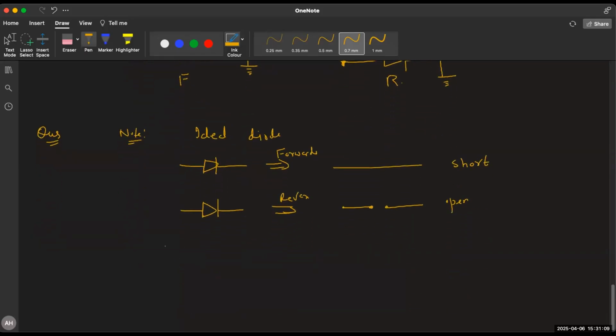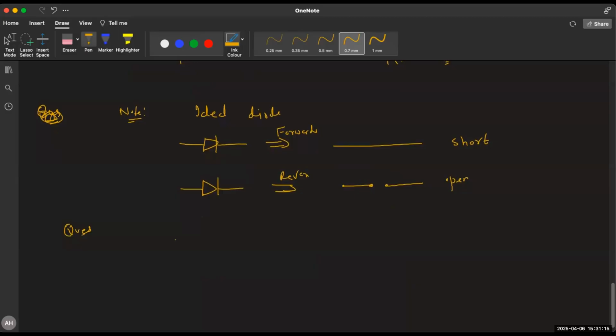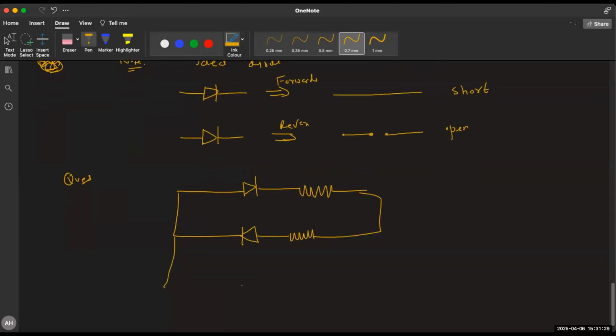So check the question. You have a diode connected with a resistor, another diode connected with another resistor, and a cell connected with another resistor.